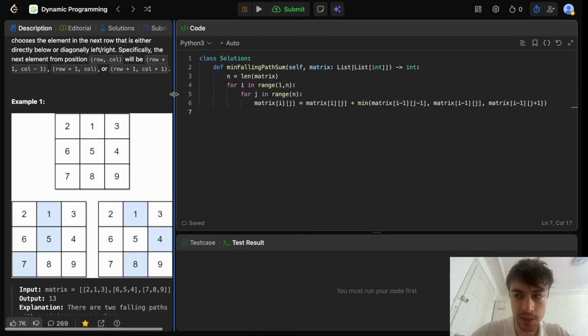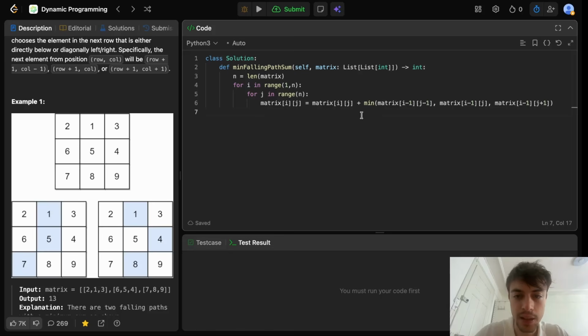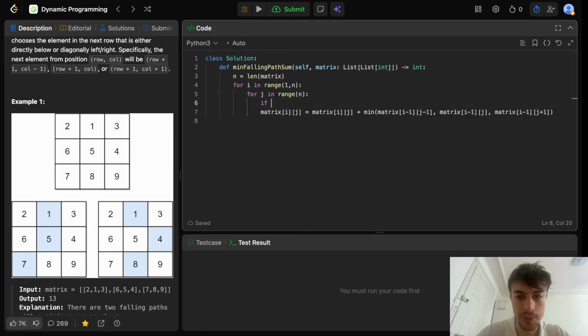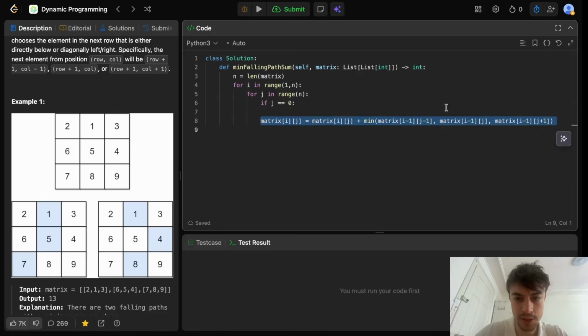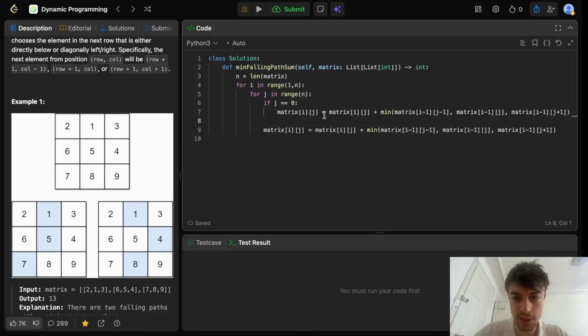Now, this can be done only if this is a central value, so I must add an if statement. If j is equal to 0, then I want matrix[i][j] to be matrix[i][j] plus the minimum without the element at j minus 1, because of course I can't have an element at minus 1.